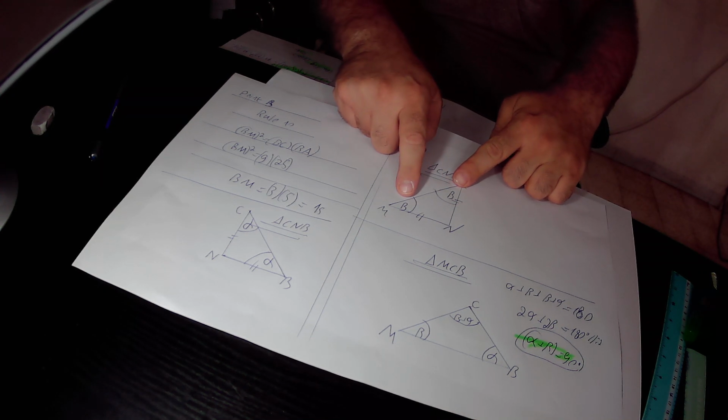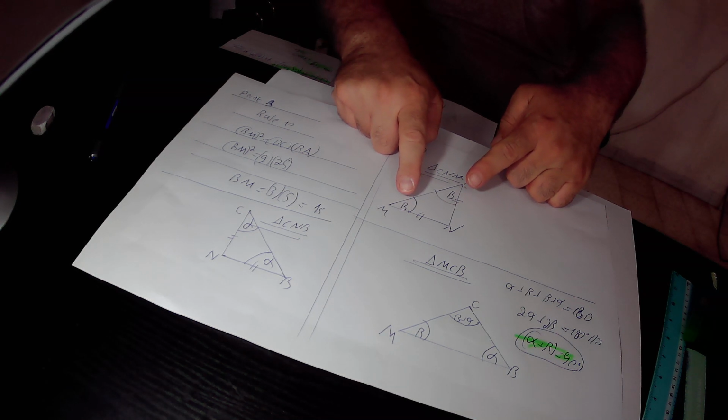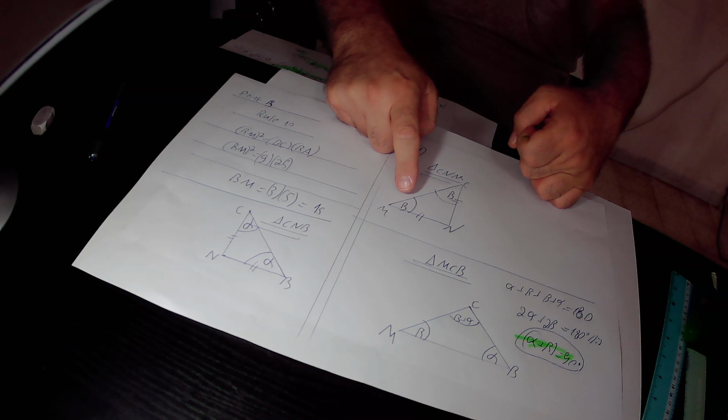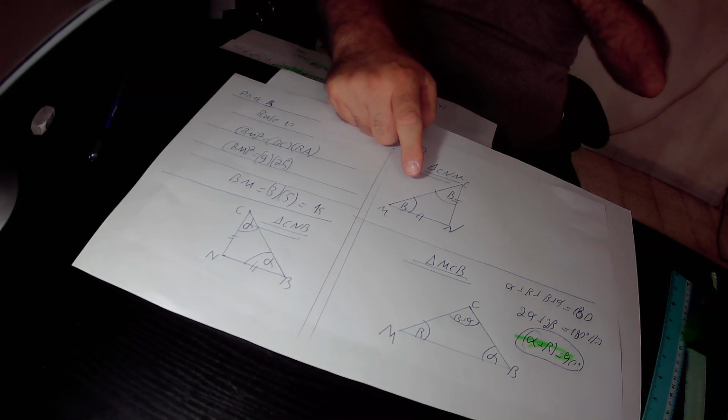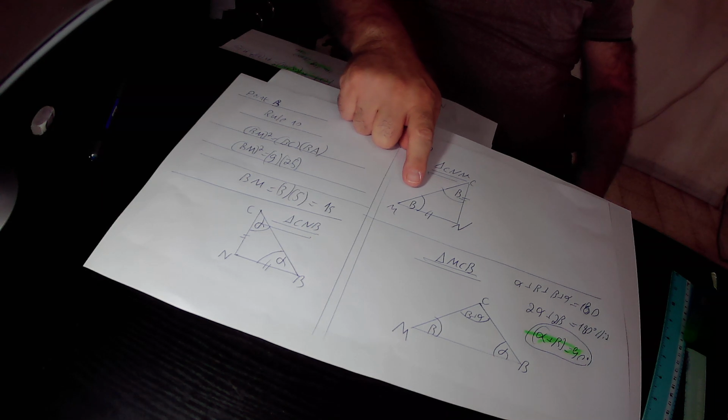Those two angles are located in front of two equal sides, and therefore they must be equal to each other in size. So if the size of this angle is beta, then the size of this angle must also be beta. So in total, we found out that angle NCM equals beta, and angle CMN is also equal to beta.